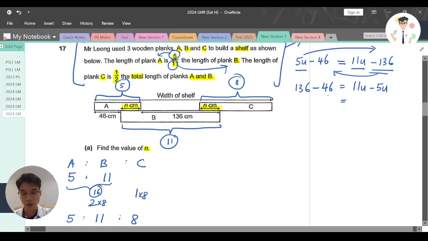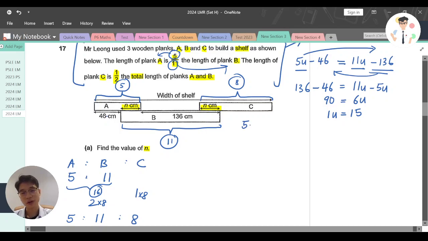So it will be equal to 90 and 6 units, and 1 unit will be equal to what? 90 divided by 6, which is 15. Again, these two both refer to n. That's why they are the same. And now I know 1 unit is equal to 15.